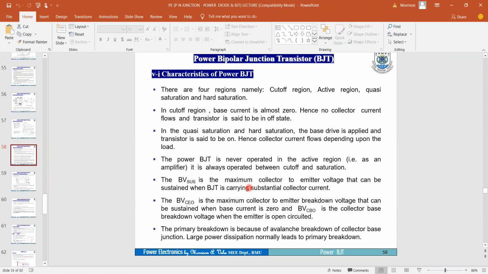On. Like I said earlier, for our power electronic devices, in most cases, or practically, we are using them as switches: off, on, off, on.